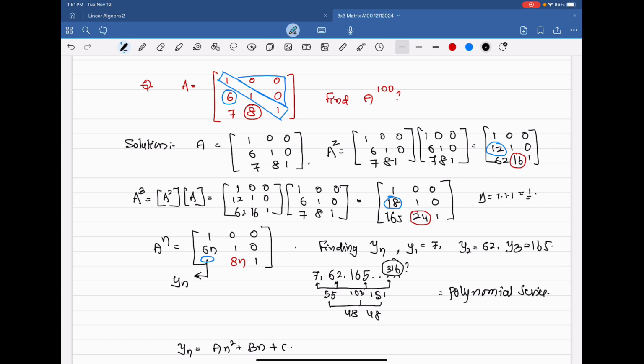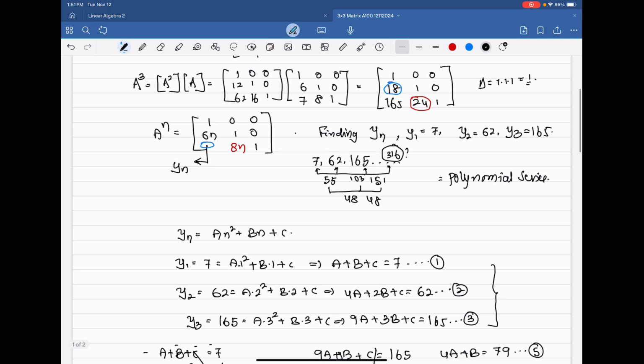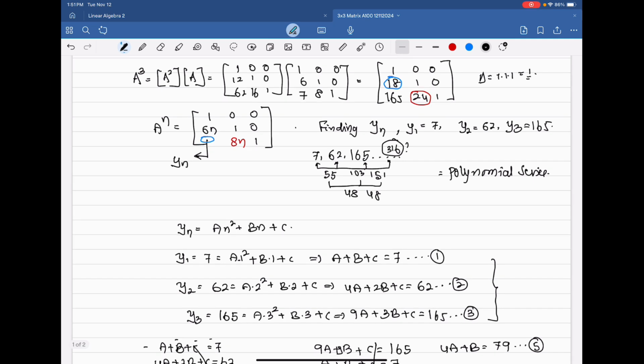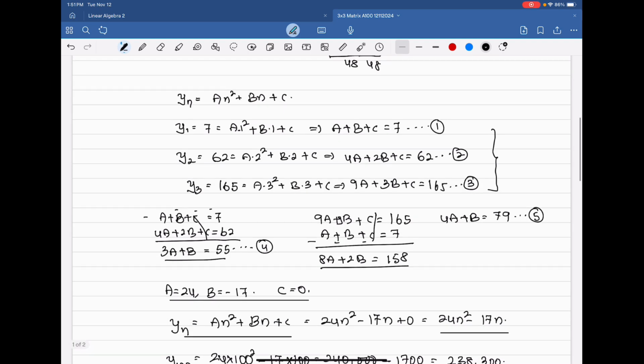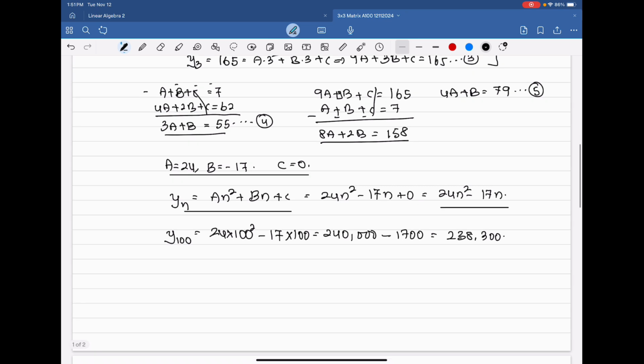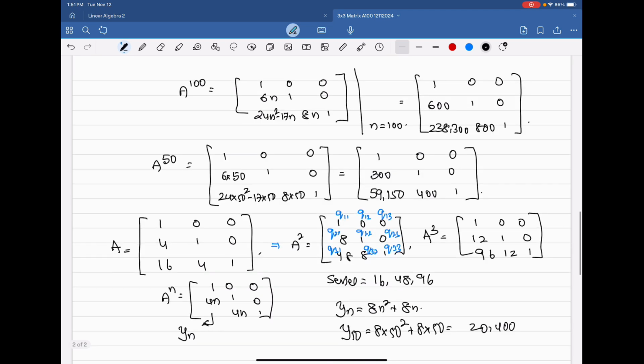The only change is for 3 elements. Those 3 elements I have found out very easily. Once those 3 elements are found out, I extrapolate in the series form for the yn, find out the values of the coefficients, and then I will find out the equation. That is very simple. That is 24n square minus 17n by 100 is this, A to the power of 100.